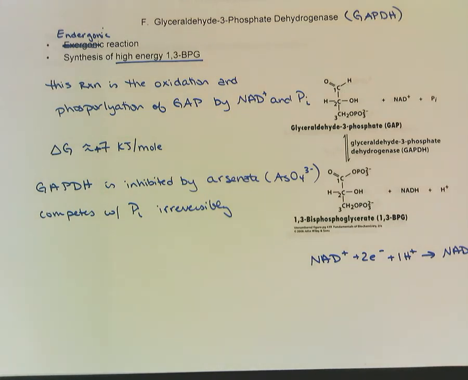So one of the mechanisms by which you would die of arsenic poisoning would be your glycolysis cycle being turned off, which means you're not making any more energy, and you're storing up weird byproducts. For the arsenate, is that a -3 or 2? It's a 3, AsO4 3 minus.